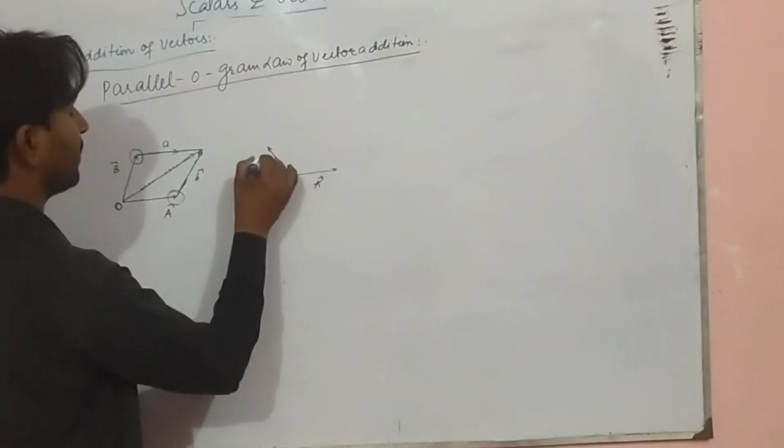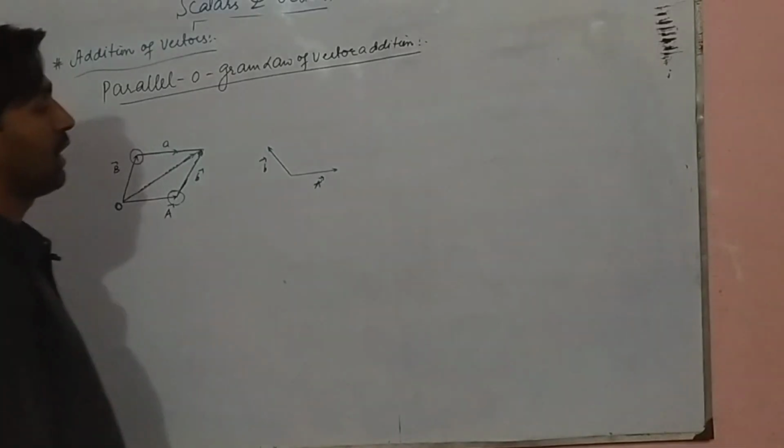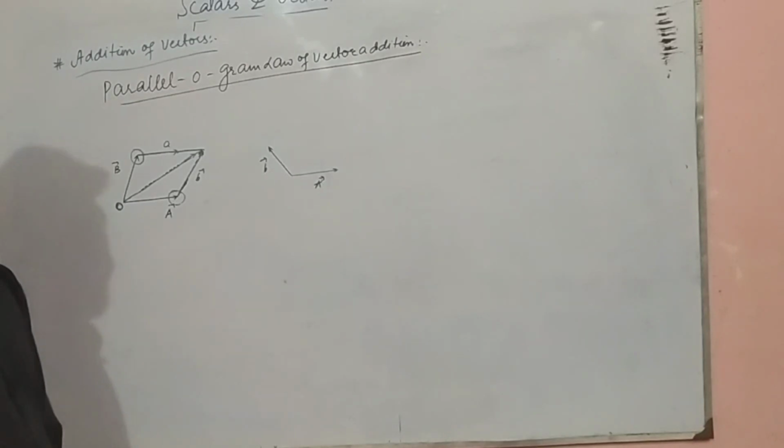Let's say we are given two vectors, vector A and vector B. How will we make the resultant of these two?